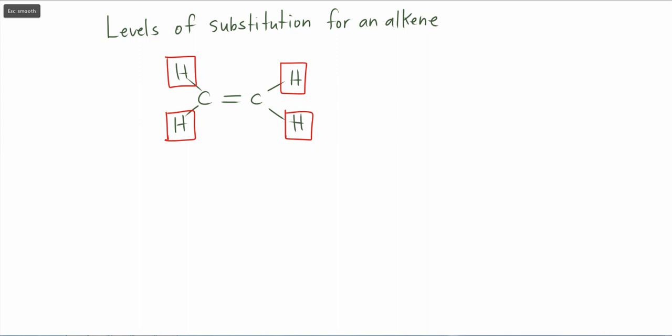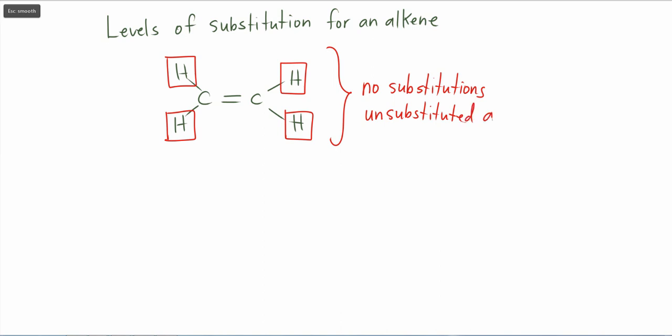So if I look at this ethene molecule, there are no substitutions. So another way of saying this is an unsubstituted alkene.